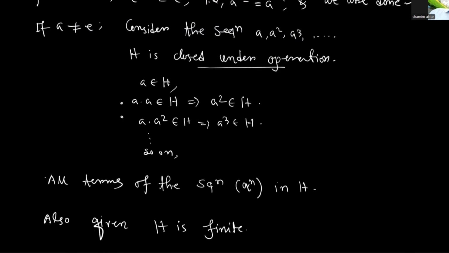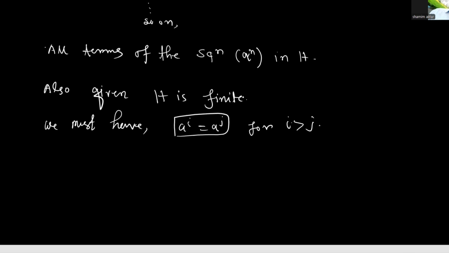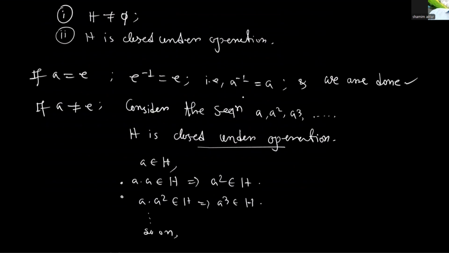So we must have a^i equal to a^j for some i greater than j. Suppose this does not hold for every i and j. Then the terms of the sequence, a, a square, a cube and so on, are all different.